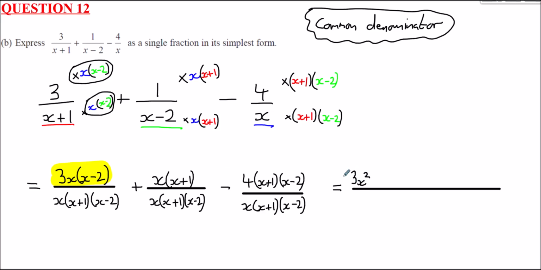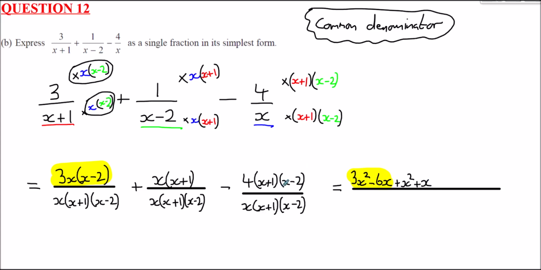And 3x times minus 2 gives us minus 6x. The middle one here, x times x gives us x squared. Then x times another 1 is just plus another x.